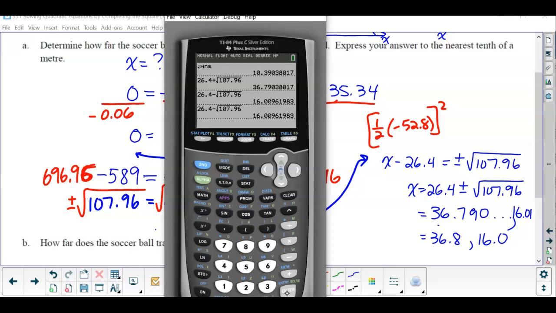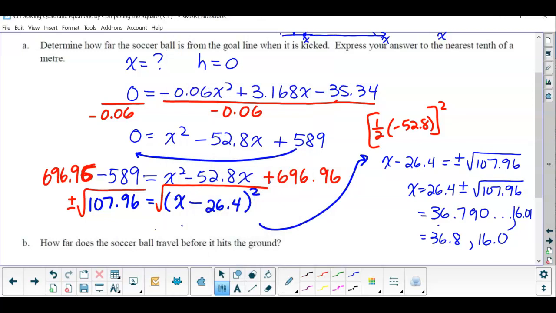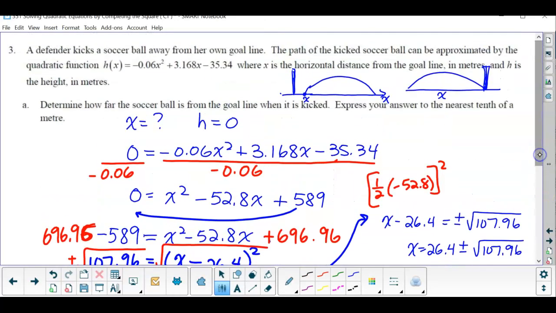Okay, and so then in our answer here, the goal line, if she's kicking away from her own goal line, so it's a defenseman, right? So the defender is out here. Here's your goal line.